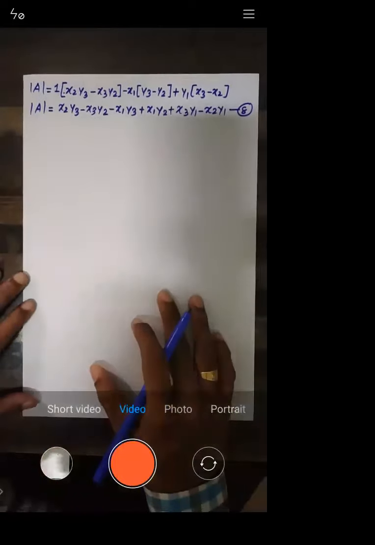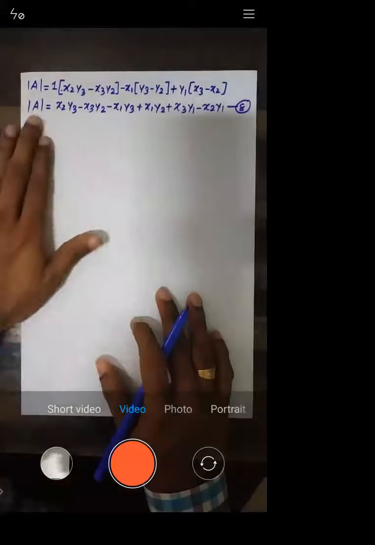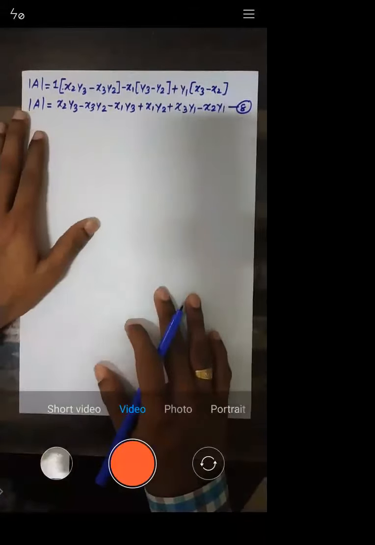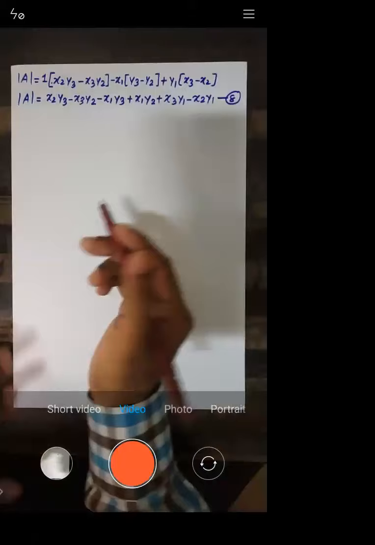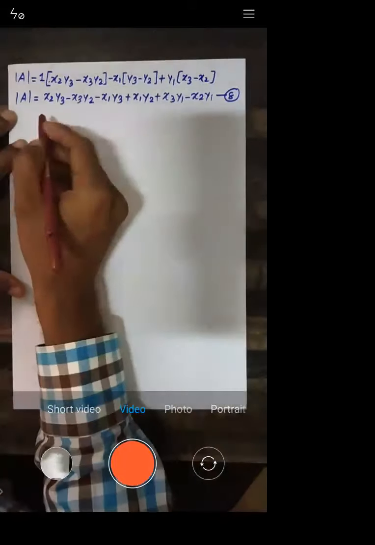Now this mod I will try to represent in terms of area, so I'll redraw this diagram.